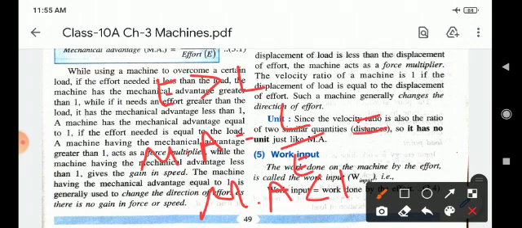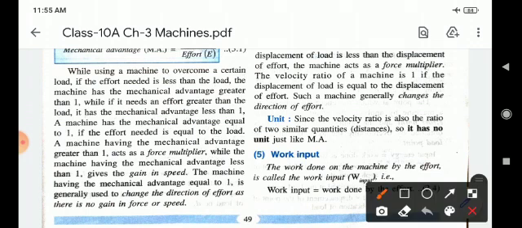If effort is very much greater than load, the mechanical advantage is less than 1. If effort is less than load, then mechanical advantage is greater than 1. Okay, children?